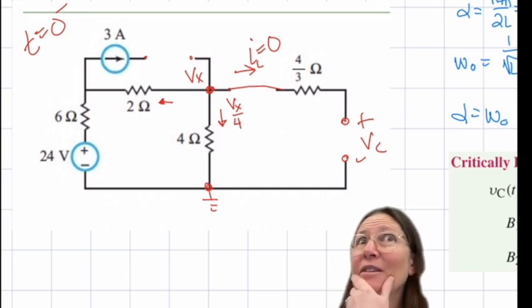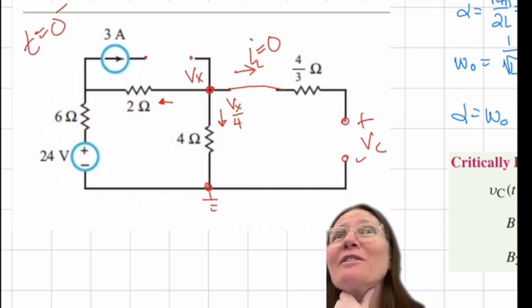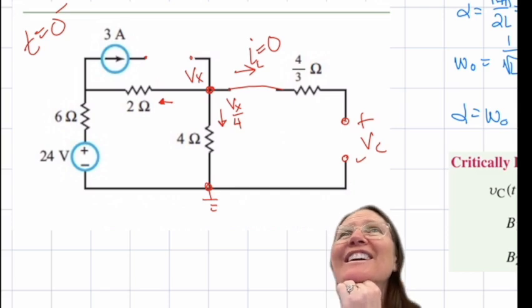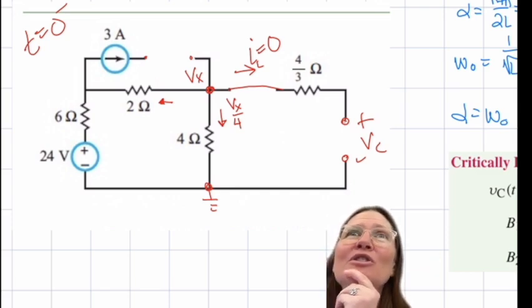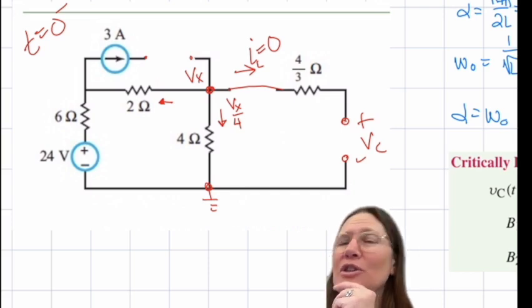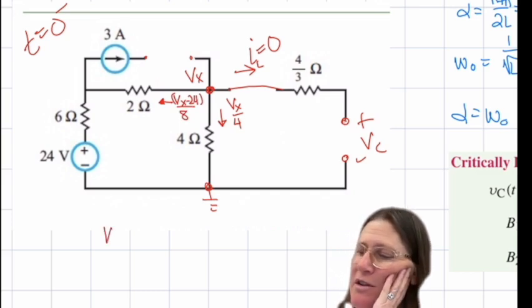Yes. Can we just do a voltage divider? Or you could do a voltage divider, but if you don't remember the voltage divider equation, you can always go back to using Ohm's law. So finding the voltage over the resistance: Vx minus 24 over 8. And then these are both going out.